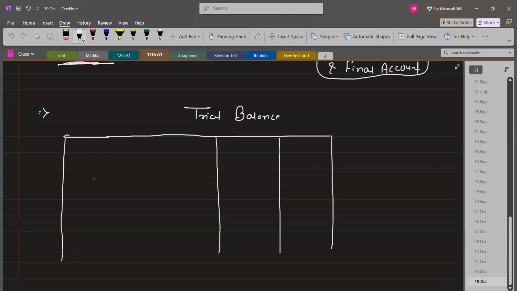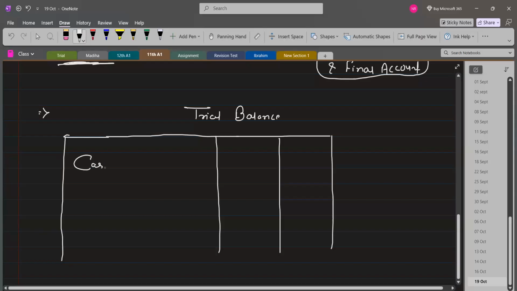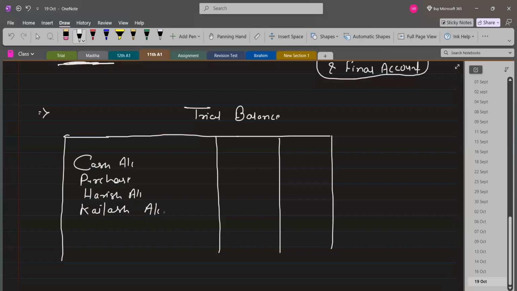Okay. Now, in every ledger account that you prepare, you have to calculate the balance, which we have done: like cash account, purchase account, Harish account, Kailash account. These accounts we created in our previous class. There are some others also that we have not created; I explained only these four.